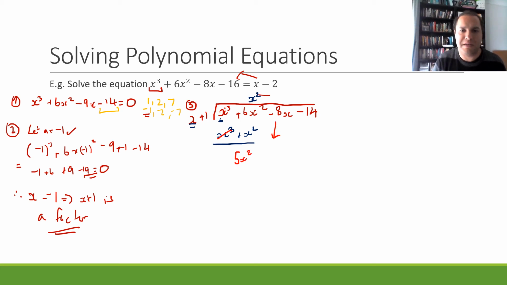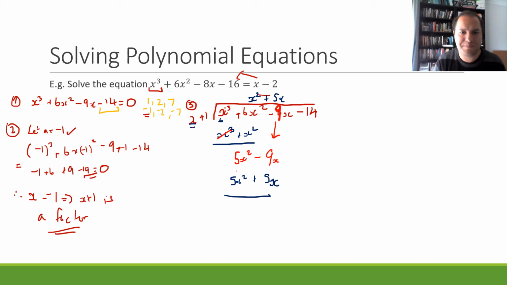Bring the next term down, minus 9x. Once again x into 5x squared will be plus 5x. 5x times x is 5x squared, 5x times 1 is 5x.